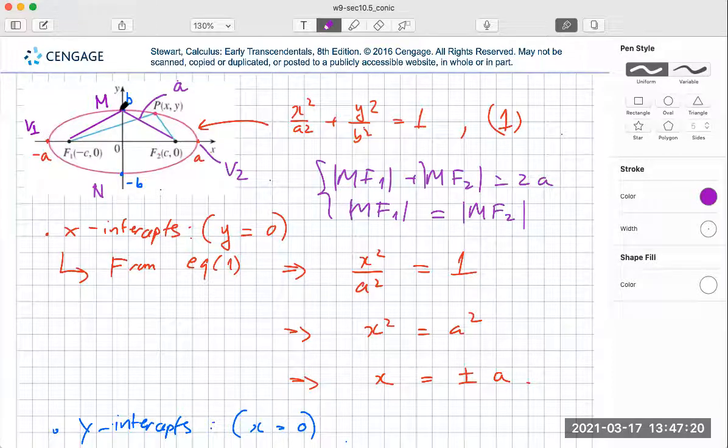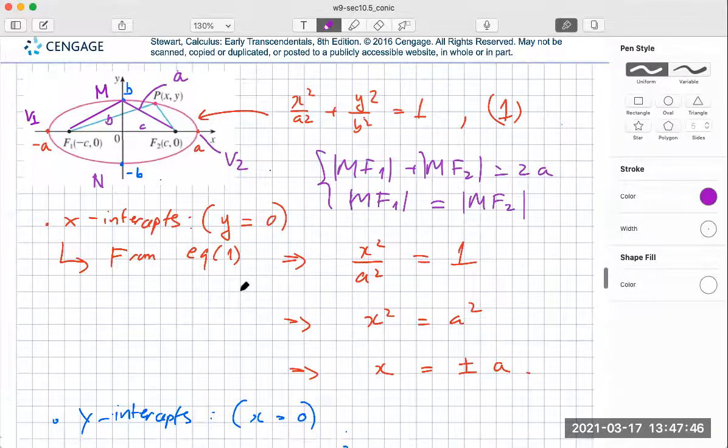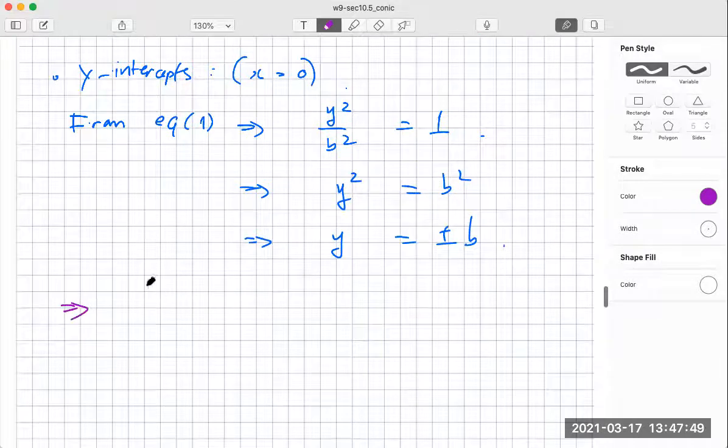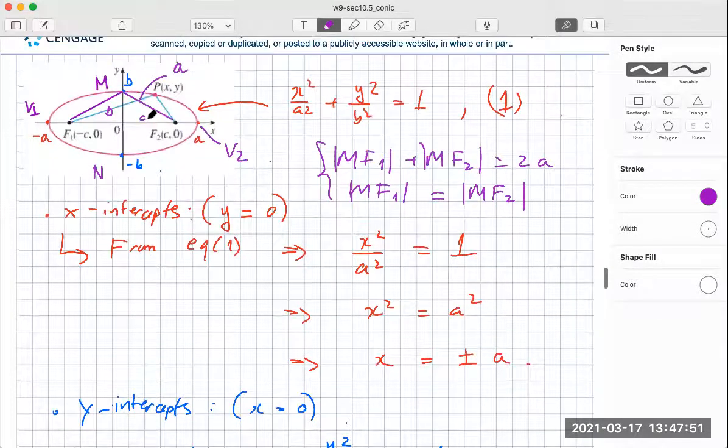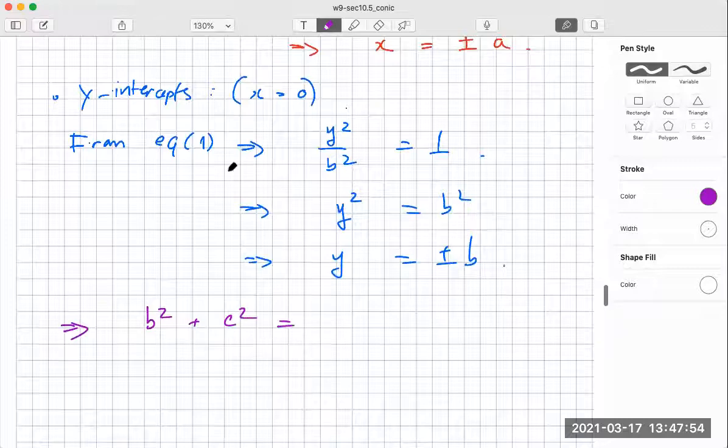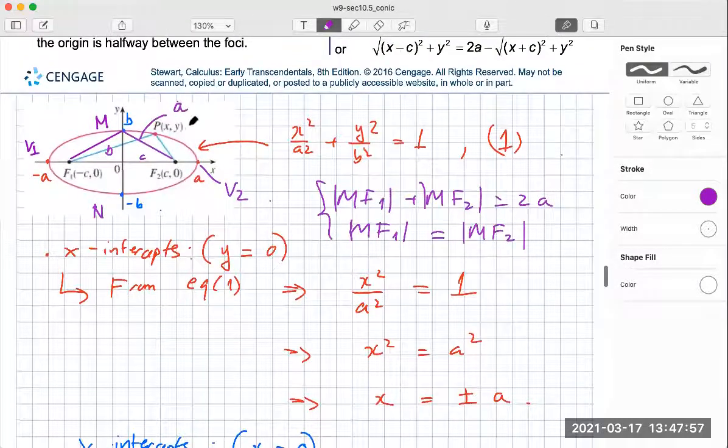And this is a right angle. MO, the distance of that is b, and from here is c. By the Pythagorean theorem, we have the relation that b squared plus c squared will be, what is it? Yes, a squared, right?